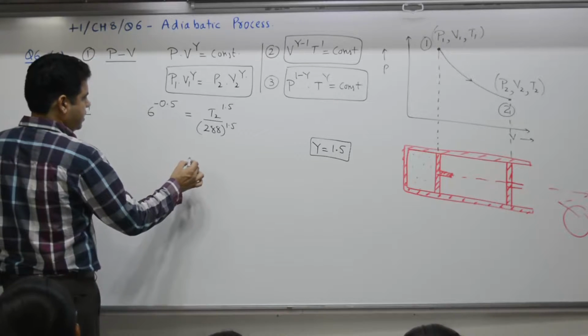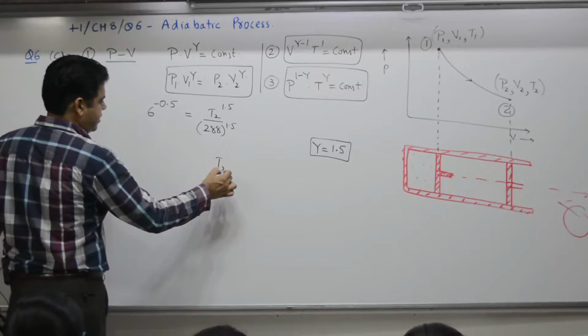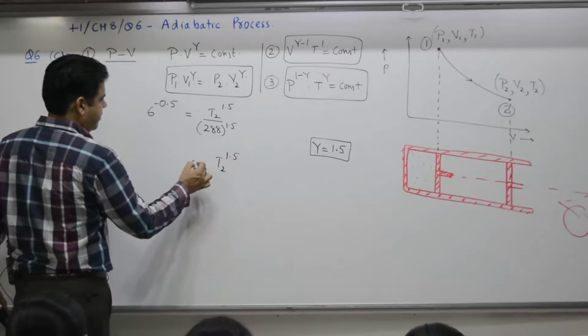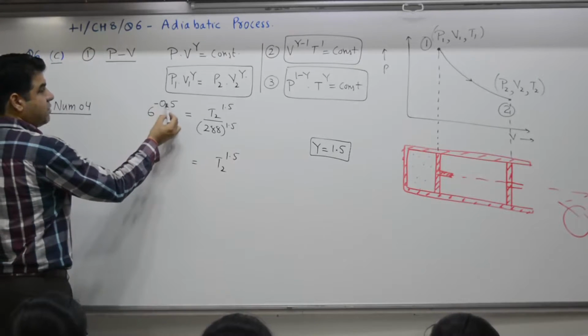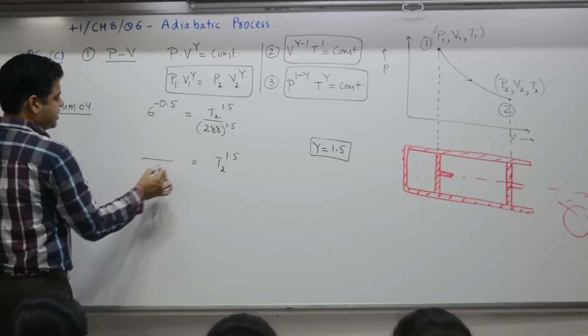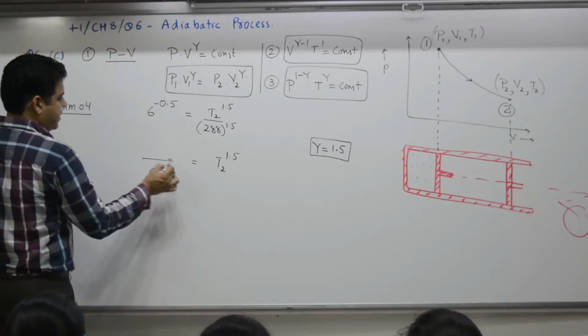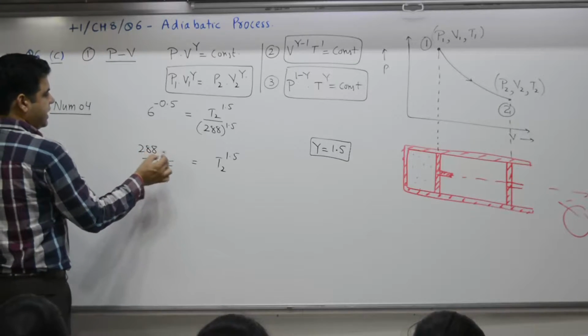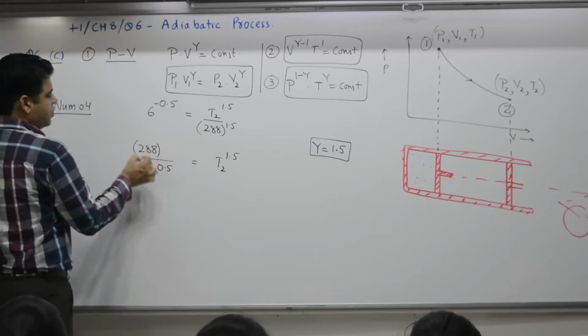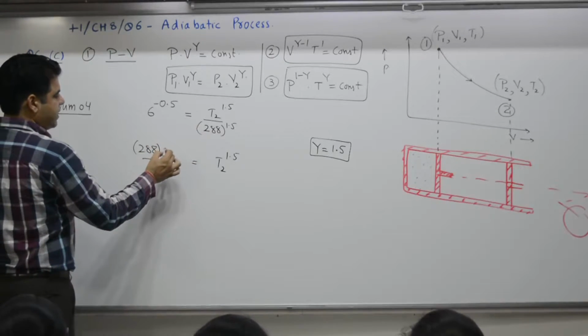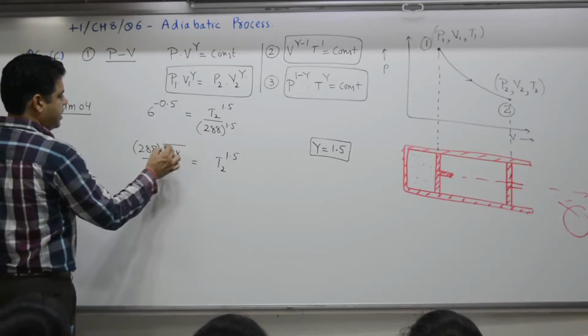Means what? T2's power 1.5 is equal to, this is 6 power minus 0.5, I can write it like this, 6 power 0.5. This is 288 power 1.5, means what? 288 into 288 power 0.5, which means 288 under root.